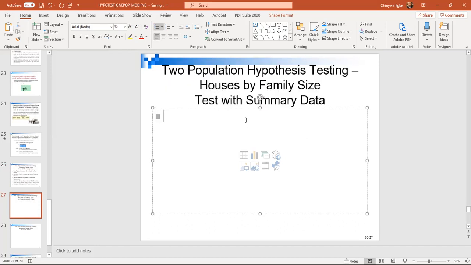So what is the summary data here? I'm going to pull up some summary data and I'll provide it.